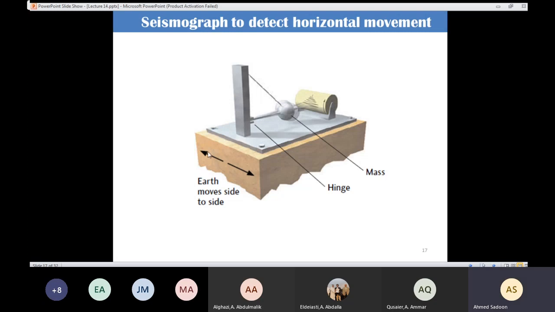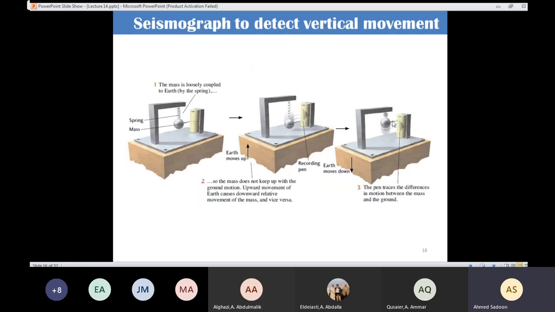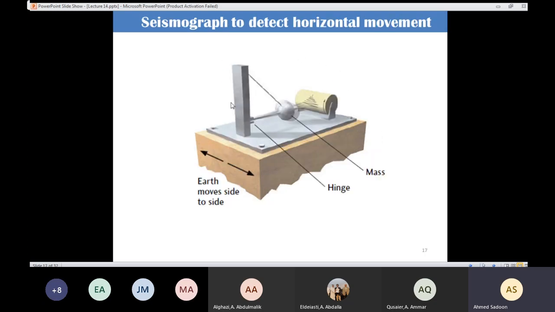And when I have side to side movement, to the left and to the right, then the mass here is going to move accordingly. And as a result, you are going to have a graph like this one showing us the change in the horizontal movement. So this one will show us the change in the vertical movement, while this device is going to show us the change in the horizontal movement.